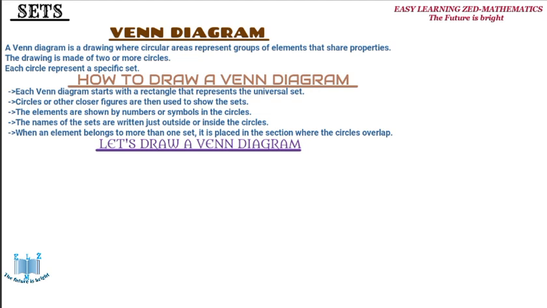Those are the members of the universal set, which are 1, 2, 3, 4, 5, 6, 7. So there are 7 elements in the universal set. Set A has 2 members, which are 2 and 3. And set B has 4 members, which are 1, 2, 4, 5. So we are asked to present this information in the Venn diagram.